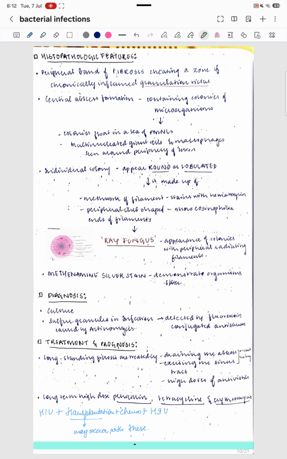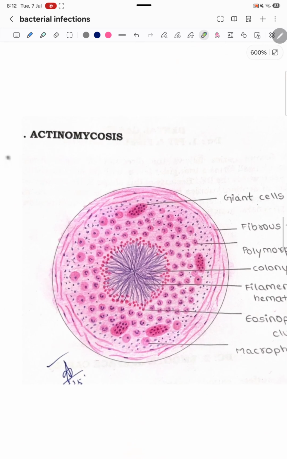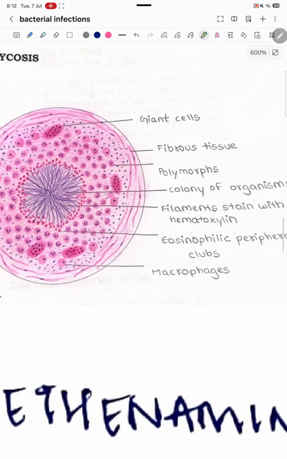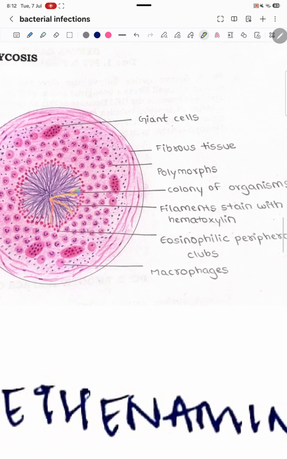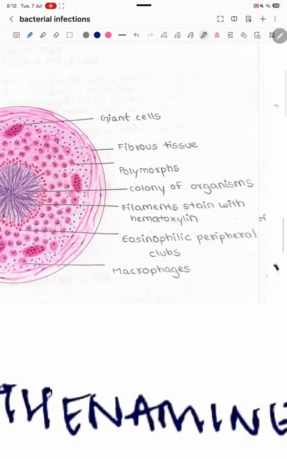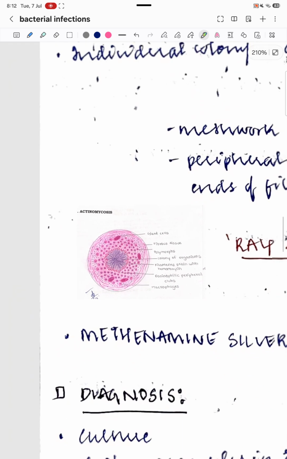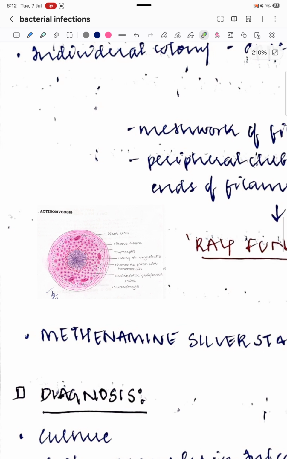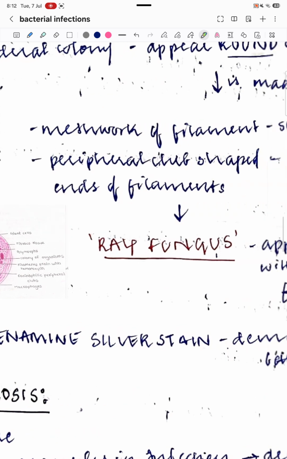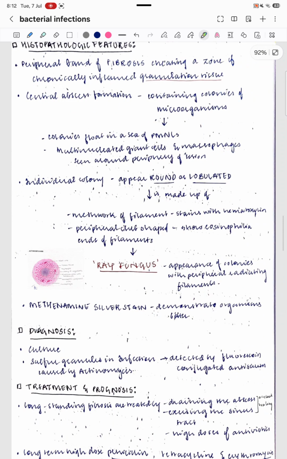Now the one important characteristic feature is the ray fungus appearance. If you clearly observe, these filaments which are produced look like rays, the filaments of ray fungus. So basically what I'm trying to say is the filaments which are staining with hematoxylin are giving the appearance of ray fungus.